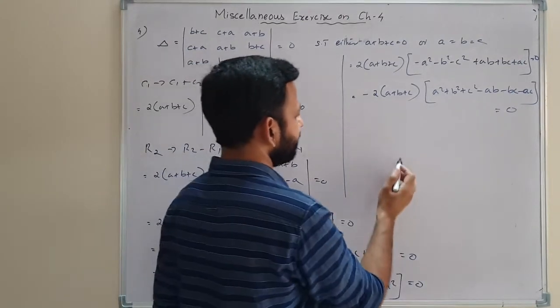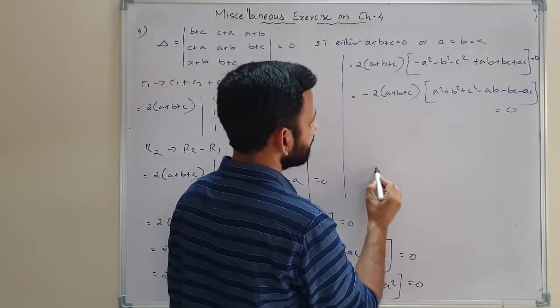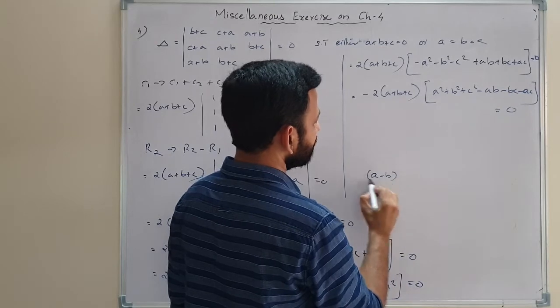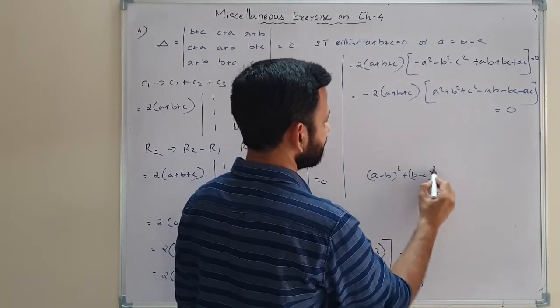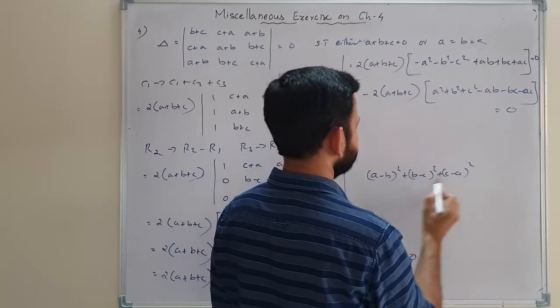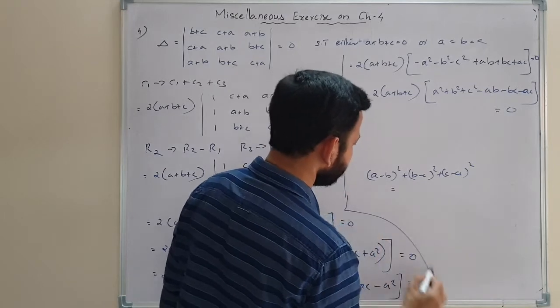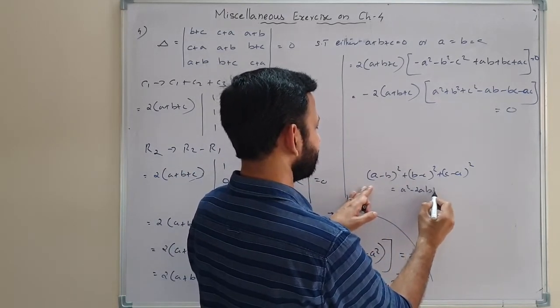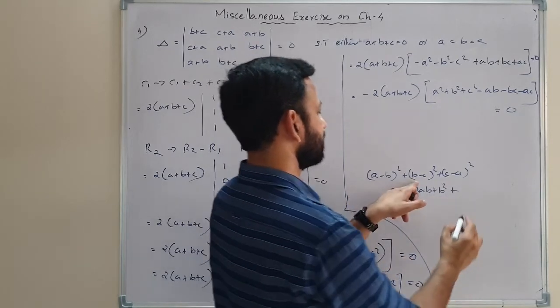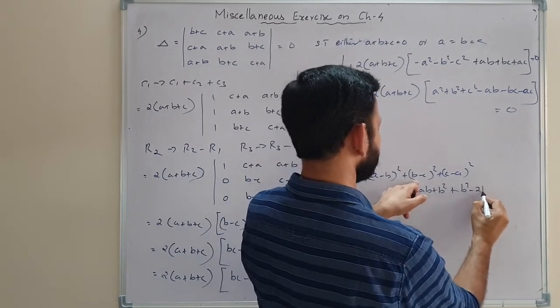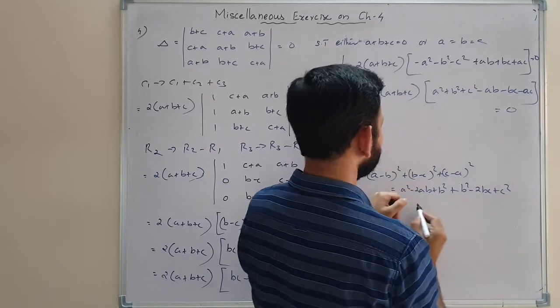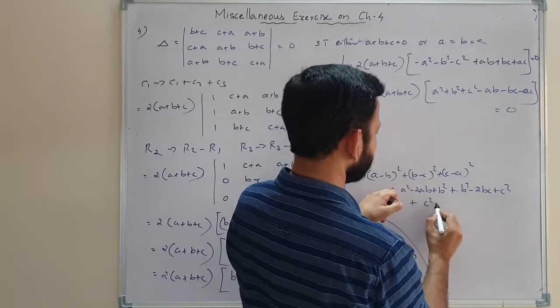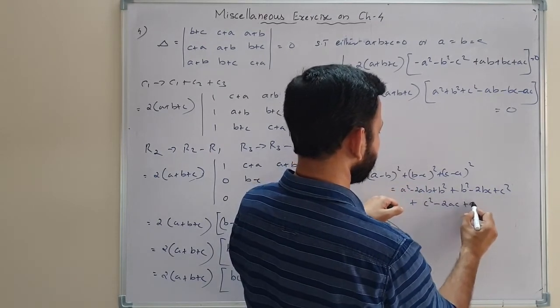So just we can verify: (A minus B) whole square plus (B minus C) whole square plus (C minus A) whole square equal to, verify this one, expansion: A square minus 2AB plus B square, plus its expansion B square minus 2BC plus C square, plus C square minus 2AC plus A square.